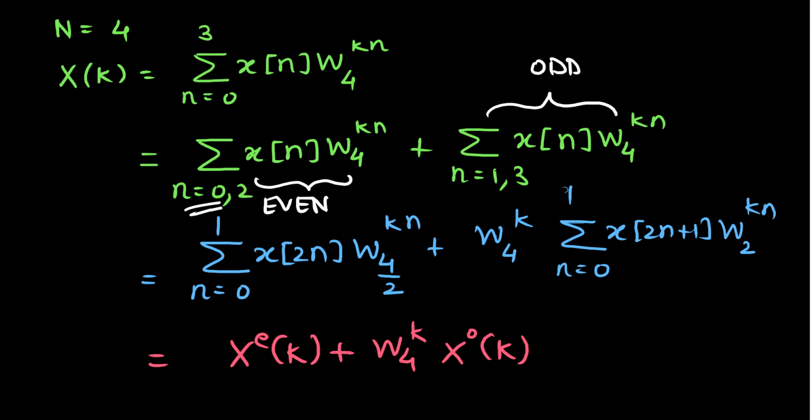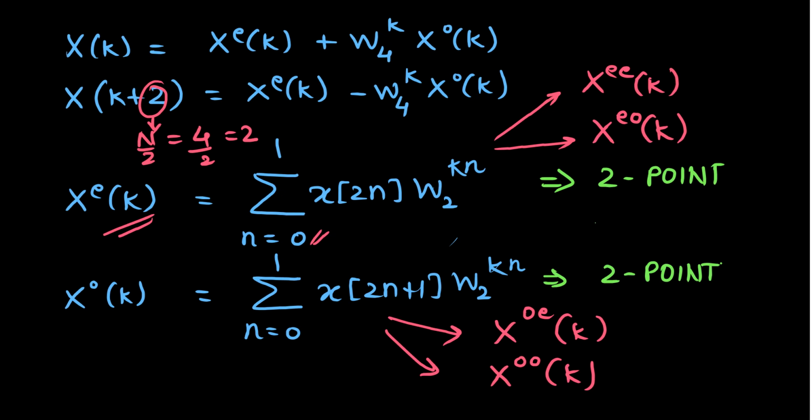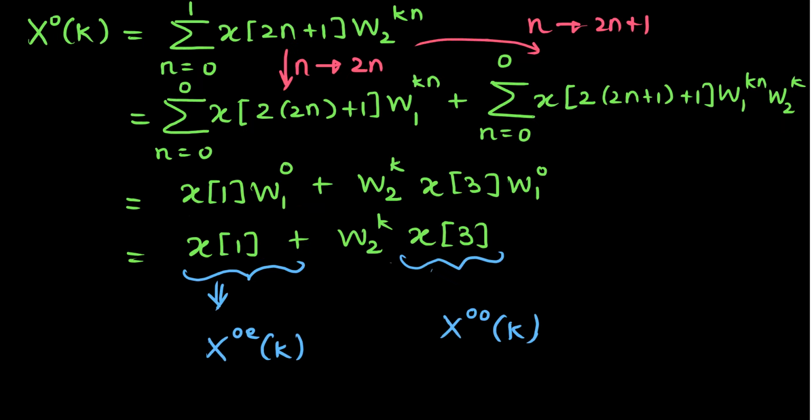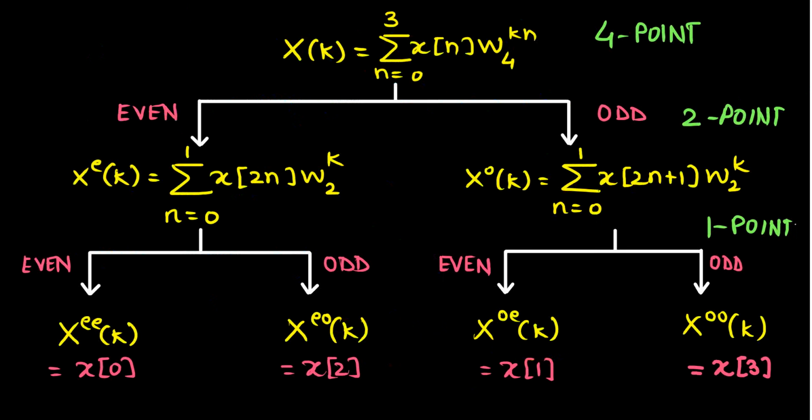Then we considered a specific case of N equal to 4 and repeated the same process in order to understand it better. We saw that we can go on splitting X of k further, until we get the 1-point DFT.